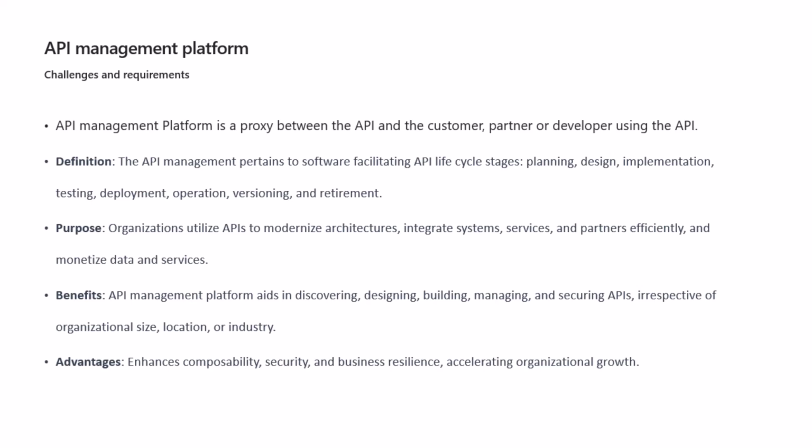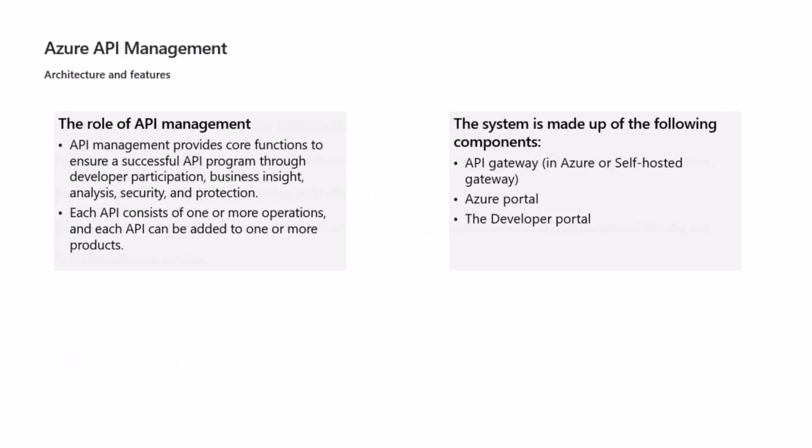Let's start with the first one, that is the API gateway. It's the endpoint that will accept API calls and route them to your backends. It can be one backend or more than one backend, and it ensures routing between the different backends. It verifies API keys, JWT tokens, certificates, and any other credential that you may use.